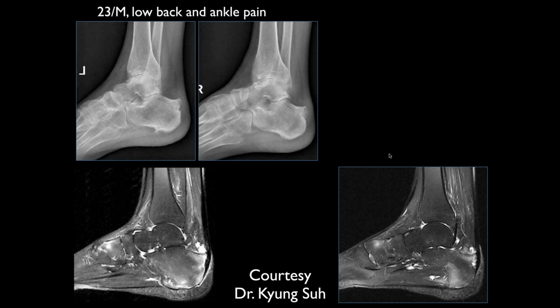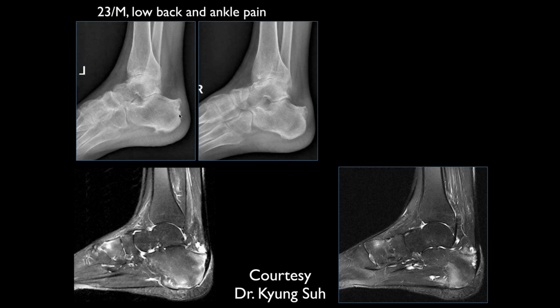Okay, so what are you thinking of here? So you've got some osteitis here, and you've got osteitis there, but I think there is osteitis basically. Low back. Primarily at insertions. You get a little tip when it says back and ankle pain, don't you?